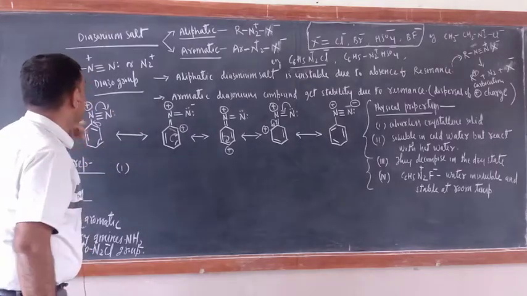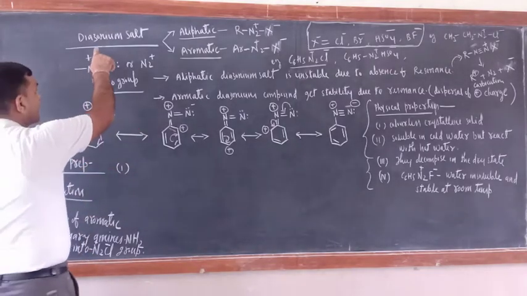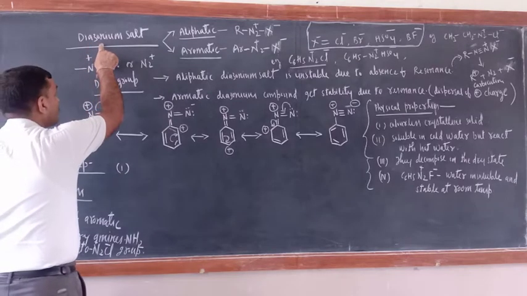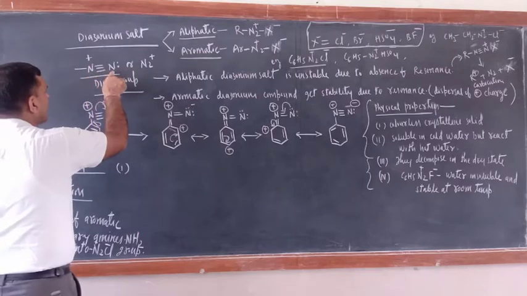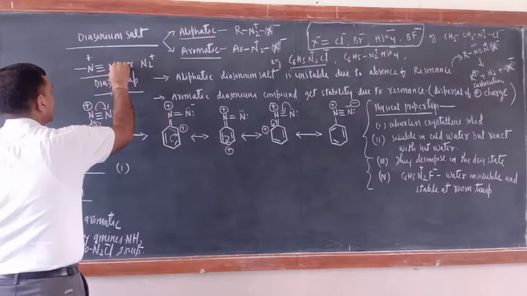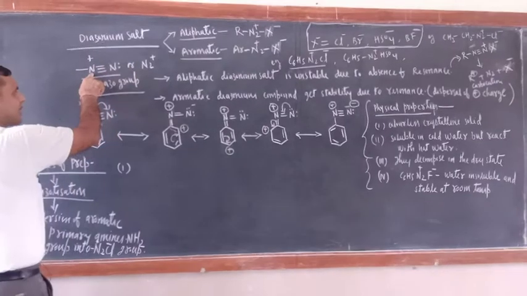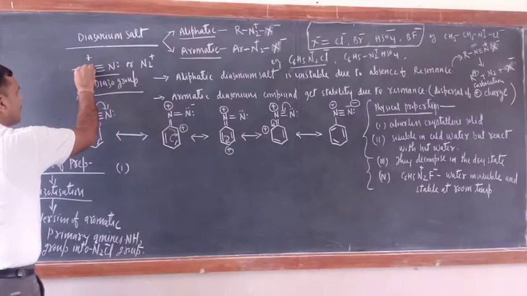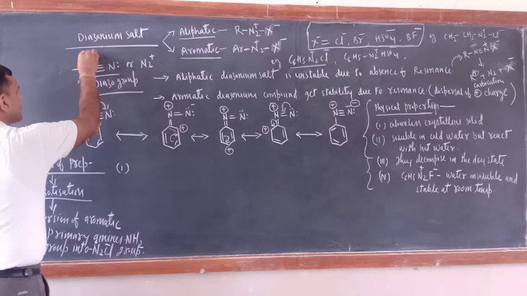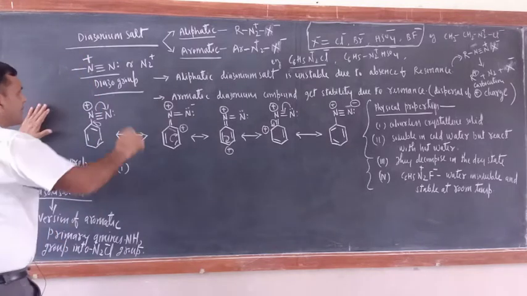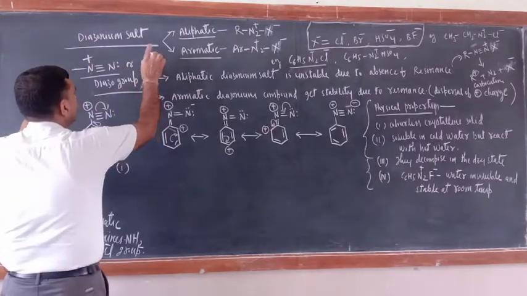First let me explain the meaning of diazo. This is the diazo group, N triple bond N, with this nitrogen having one lone pair of electrons, but this nitrogen having no lone pair. Something will be added here and this will have a positive charge. This can also be written as N2+.